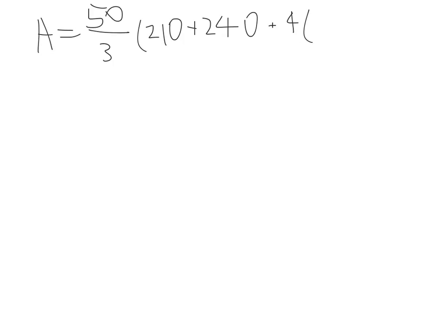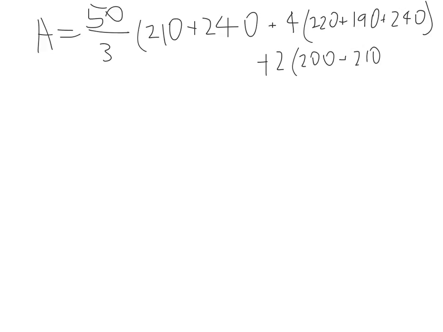Our odd scores end up being 220, 190, and 240. They're the same ones in the table that get multiplied by 4, plus 2 times the even scores, which are 200 and 210. You can go plug all that into your calculator and confirm that it does end up being correct. It's exactly the same thing, as I've said a few times.